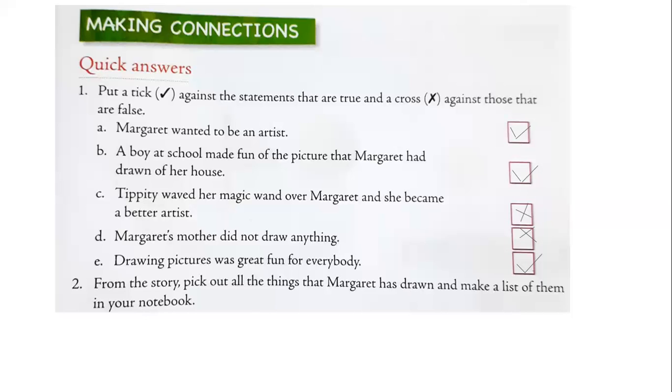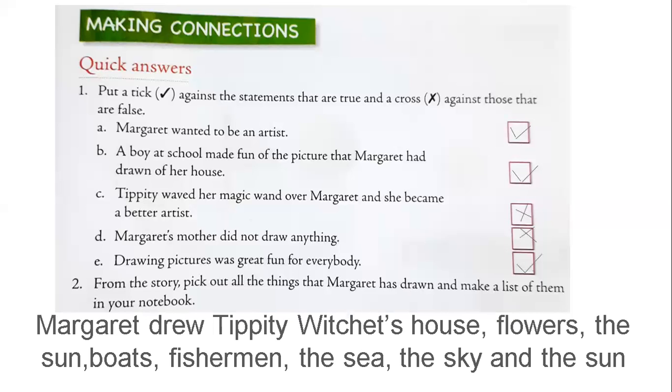And now let's see if you got them right. Margaret drew Tippity Witchet's house, flowers, the sun, boats, fishermen, the sea, the sky, and the sun again. Why am I repeating the word sun? Because in the beginning of the lesson, when Margaret drew Tippity Witchet's house, she drew flowers in Tippity Witchet's garden and she drew a cheerful sun in the sky.